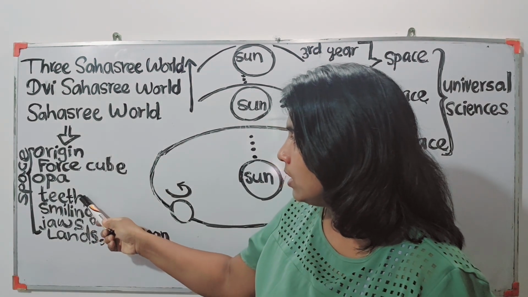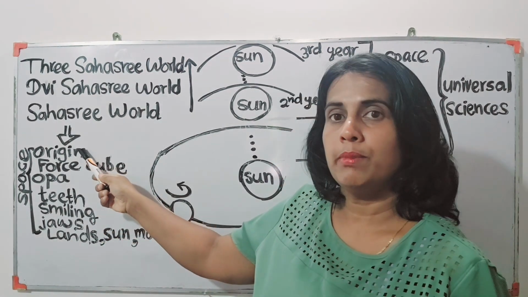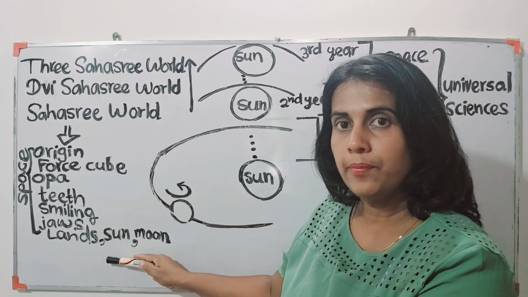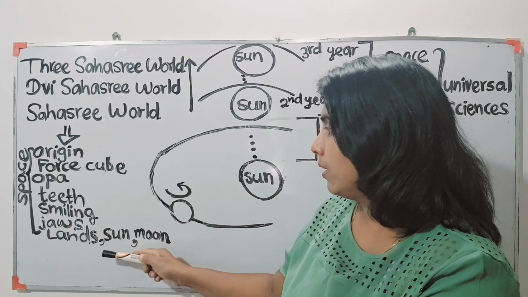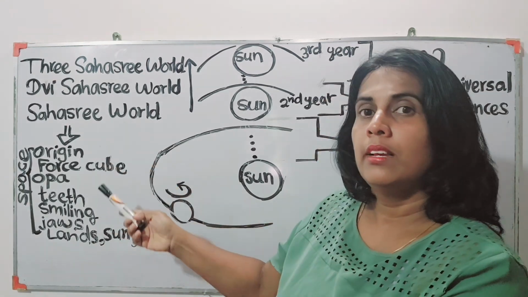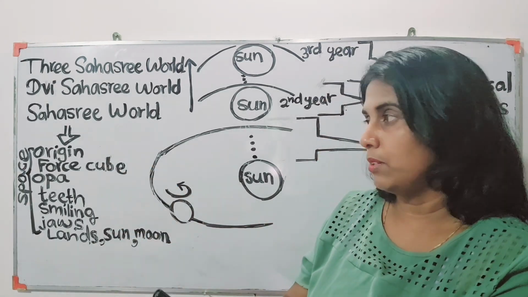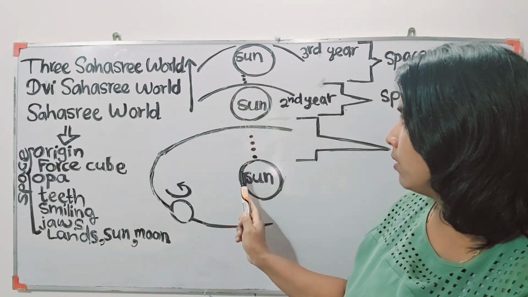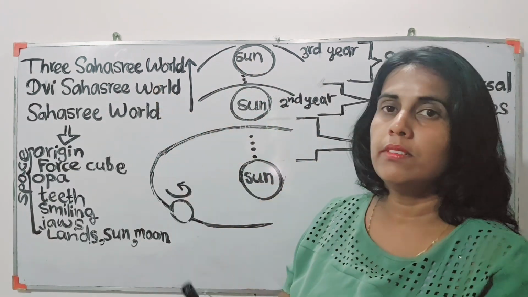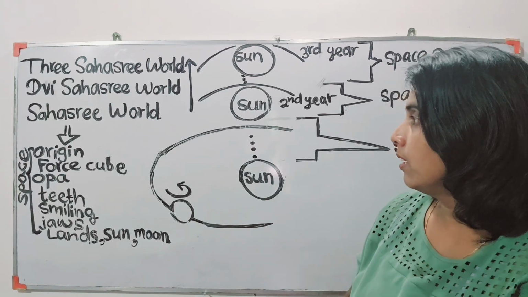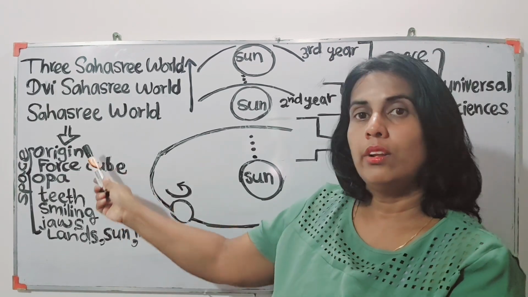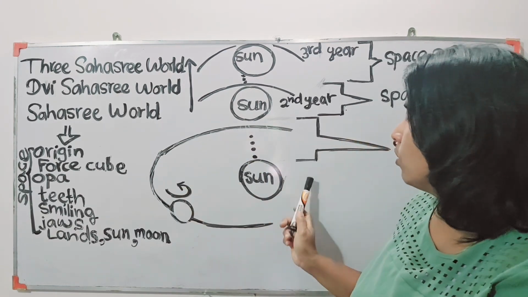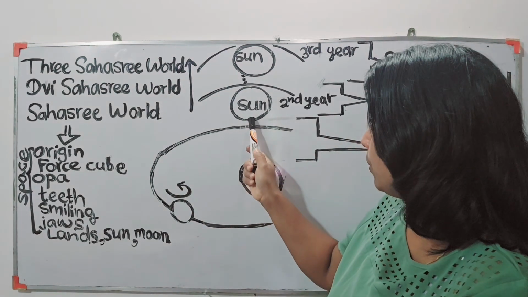Jaw, smiling, teeth, upper, force cube, origin, because here to here is the chronological order of creation, and then here to here is how we go to the universe's origin, because as we go above from our sun to the Trisahasri world suns, we are going to the origin. So every year we go toward the origin from here to here.